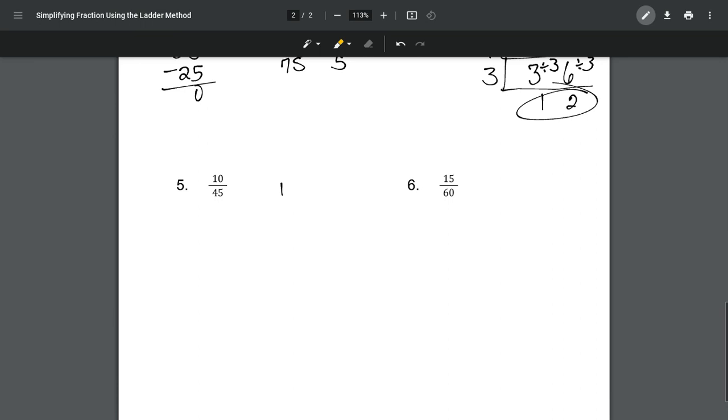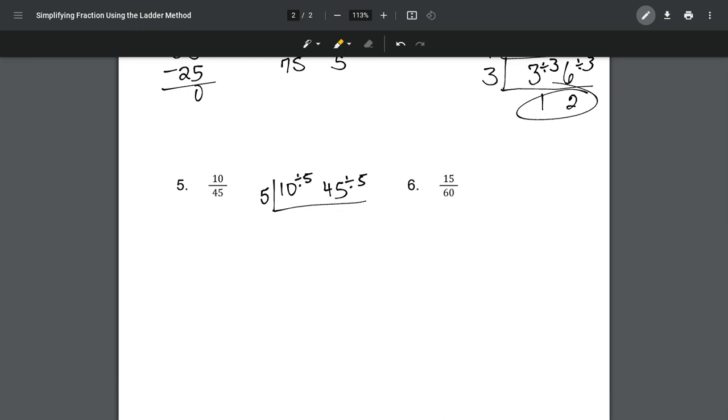Okay, this is what you should have gotten. According to my divisibility rules, 5 will go into 10 and 45 because 10 ends in a 0 and 45 ends in a 5. And anything that ends in a 5 or a 0 is divisible by 5. Okay, divide them both by 5.